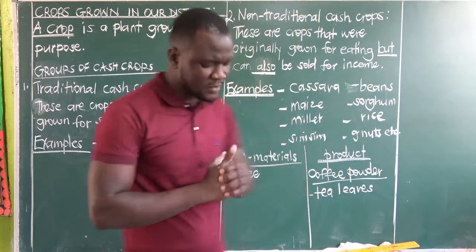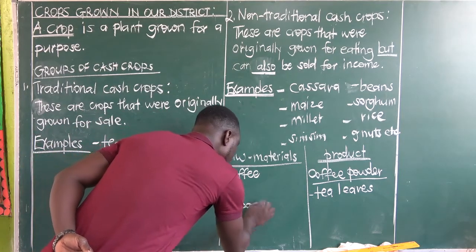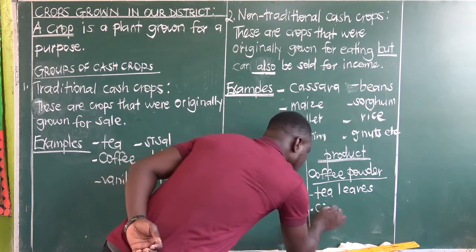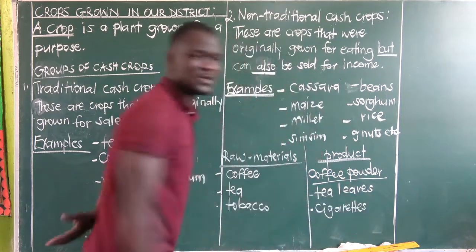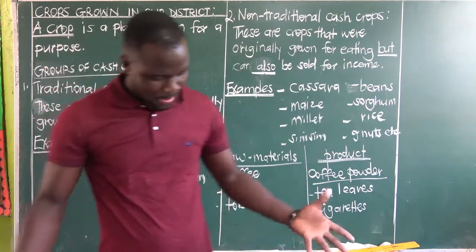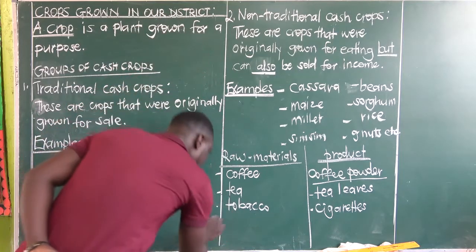And then we have tobacco, a crop, which can be used for making cigarettes. So we need to note all this. Next we have cotton.